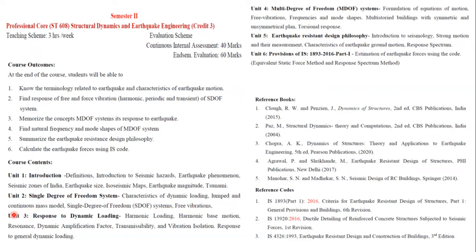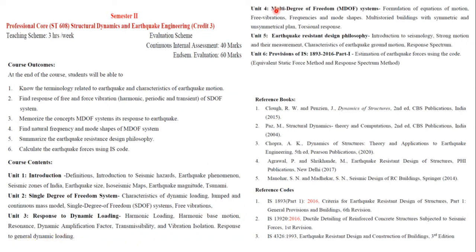Unit number 3 is titled response to dynamic loading. The contents are harmonic loading, harmonic base isolation, response, dynamic amplification factor, transmissibility and vibration isolation, and response to general dynamic loading.